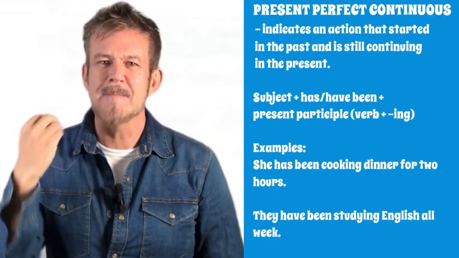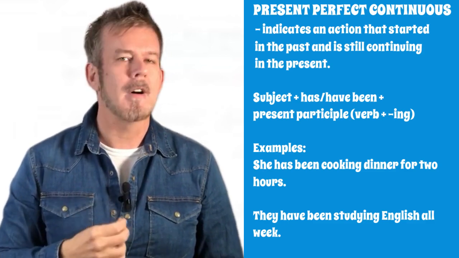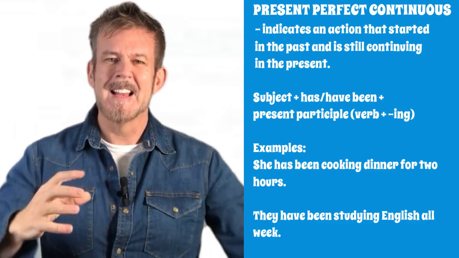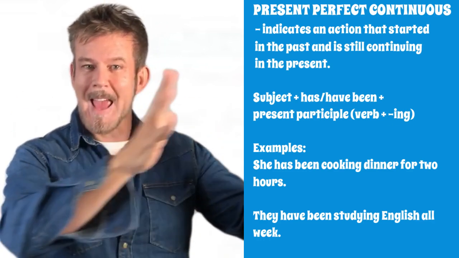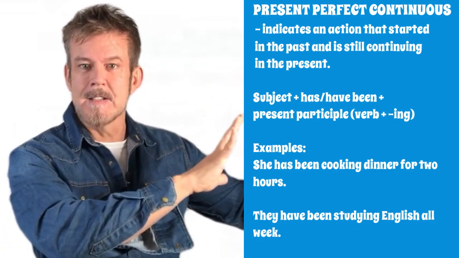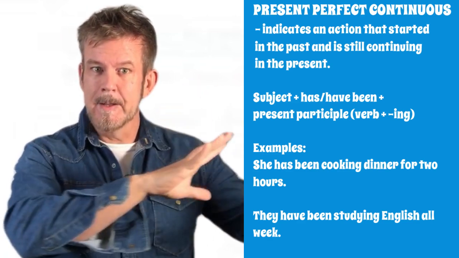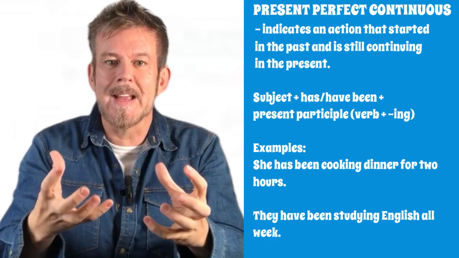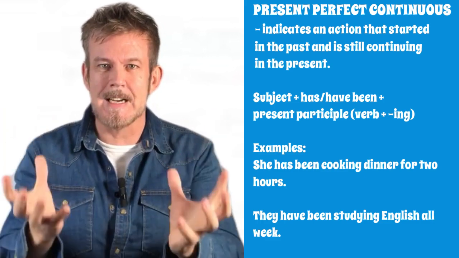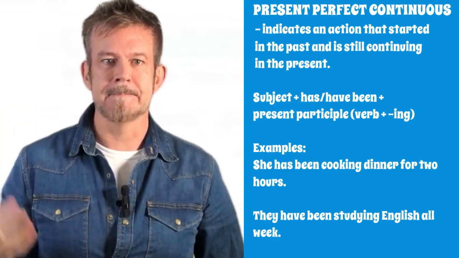Or they have been studying English all week. Again, this indicates the action of studying English began in the past at the start of the week, but it's still ongoing. It's still continuing until the present time. They're still studying.